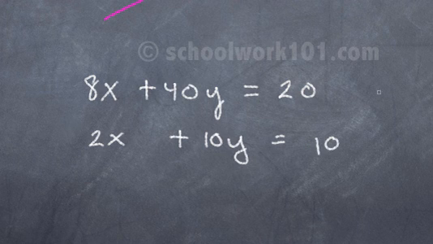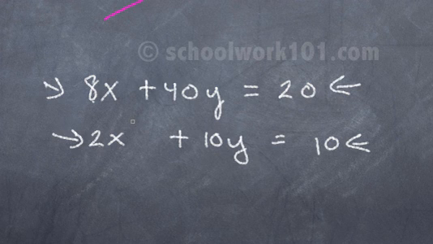So this represents a set of points that fall on a straight line, and this equation here represents a set of points that falls on a straight line also. Now, these two forms here are in standard form. And what we want to do here is find the slope of the line to this equation, and then the slope to this. And if they're both equal, well, then we'd say that both these lines are parallel.